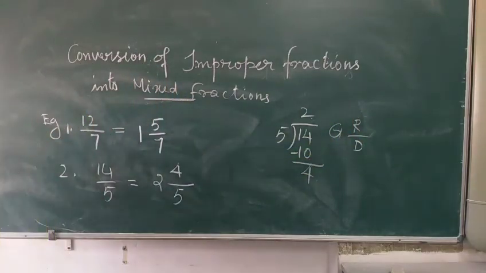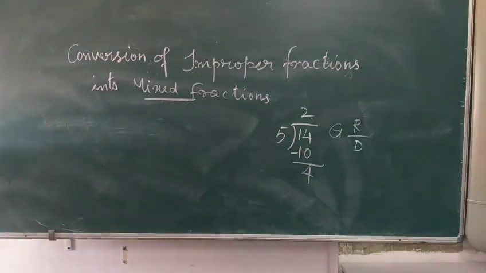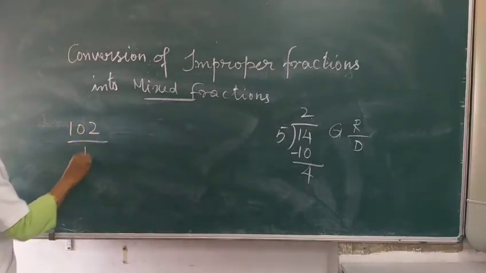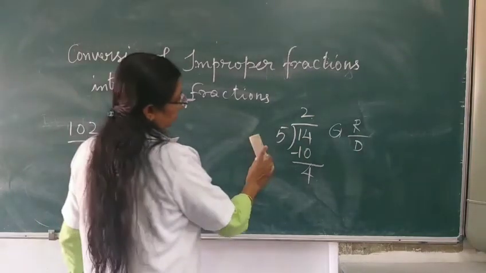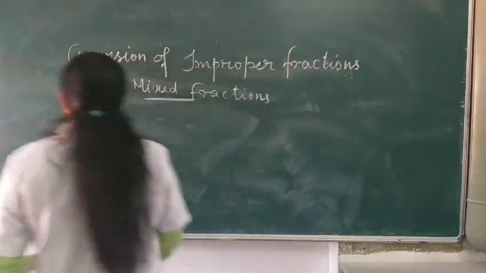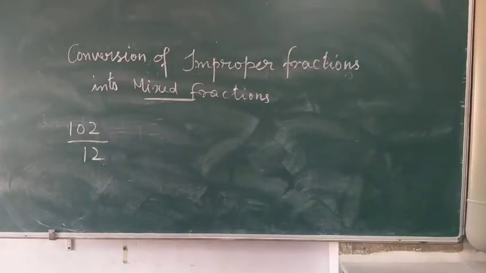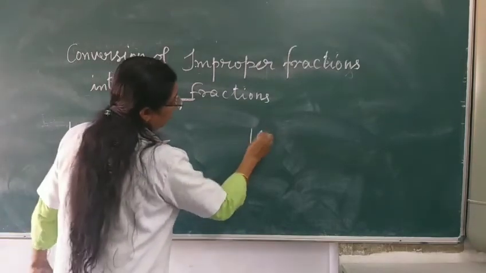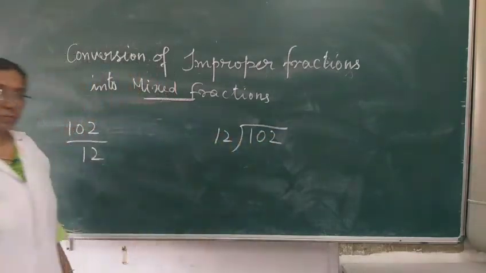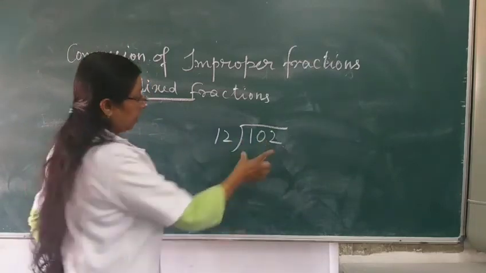Next is 102 divided by 12. We want to divide 102 by 12.